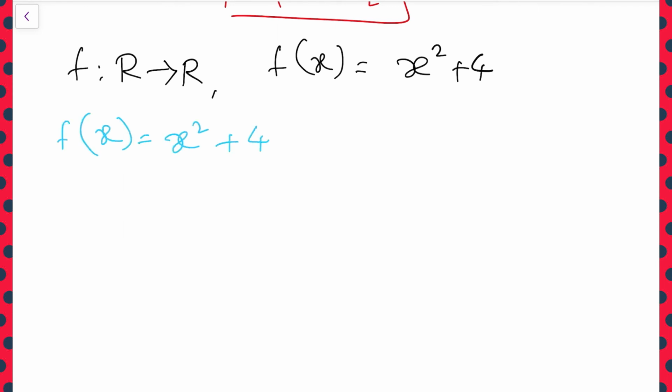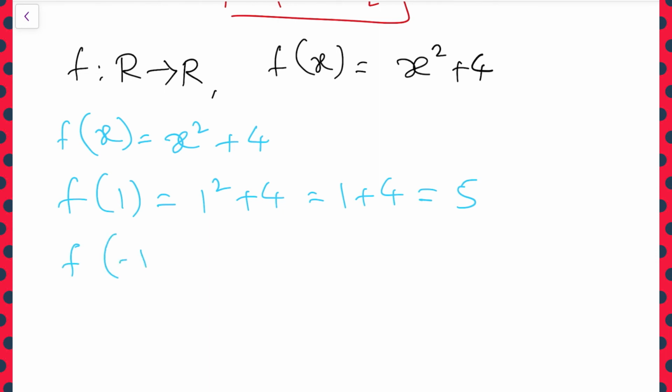So this is not a one-one function, but just let us confirm. f of x is equal to x square plus 4. Now in the place of x, I will substitute plus 1. f of 1 is equal to 1 square plus 4. 1 square is 1 plus 4, that is nothing but 5. I am taking minus 1 in the place of x. So we will get (minus 1) whole square plus 4 is equal to 1 plus 4, that is plus 5.